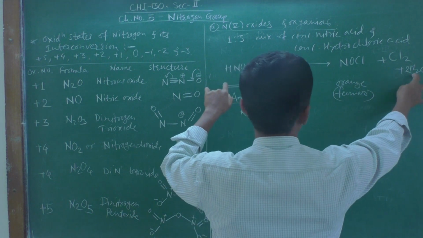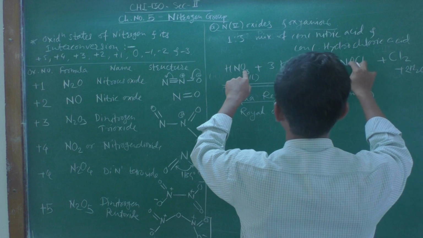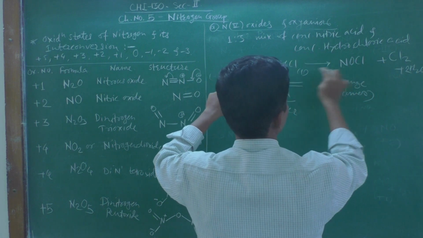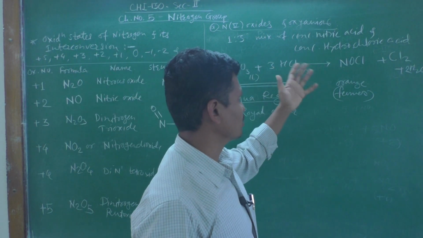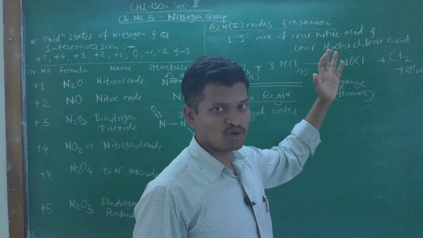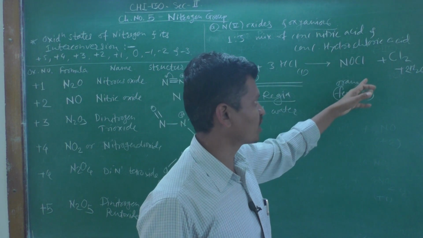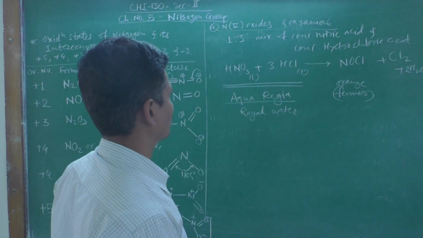So, this is the balanced reaction: nitric acid and HCl combined in 1:3 proportion form nitrosyl chloride, which gives orange fumes, and chlorine gas with the side product water.